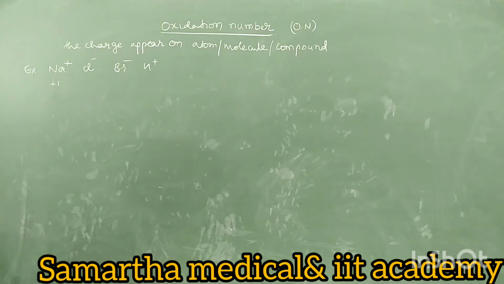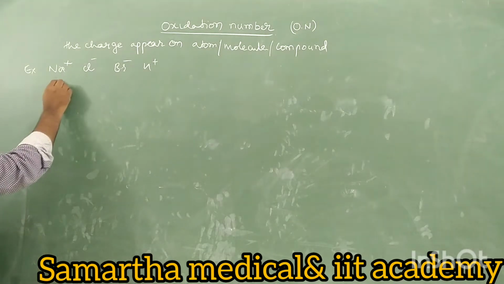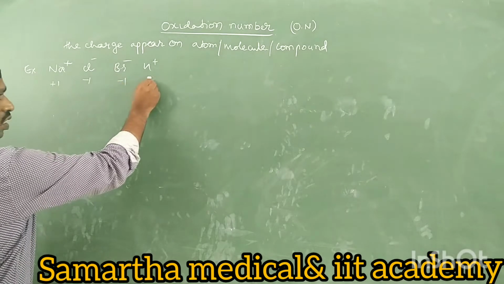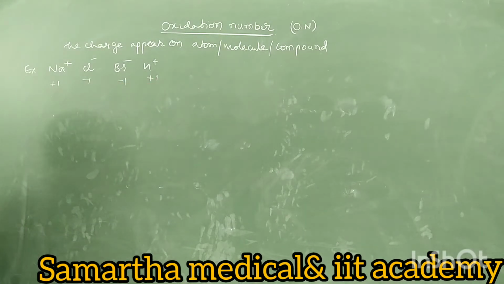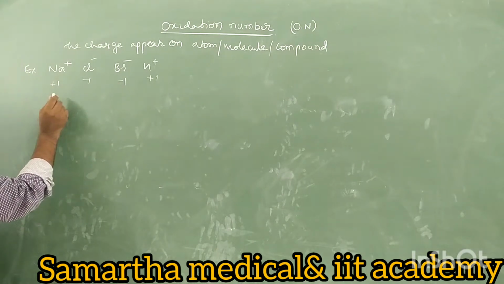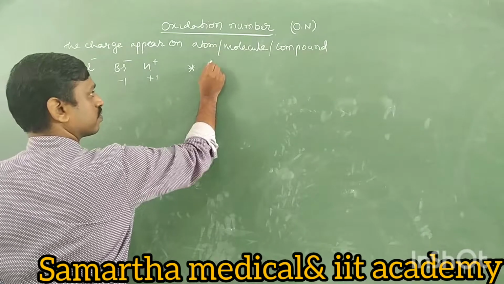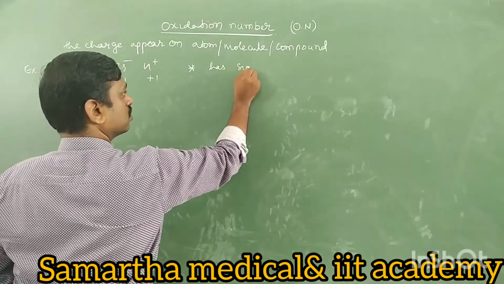Oxidation number always has a sign. It may be negative or positive. So you must say either plus 1 or minus 1. So Na is plus 1, Cl is minus 1, Br is minus 1, H is plus 1, right? So therefore write one important point: oxidation number has a sign.